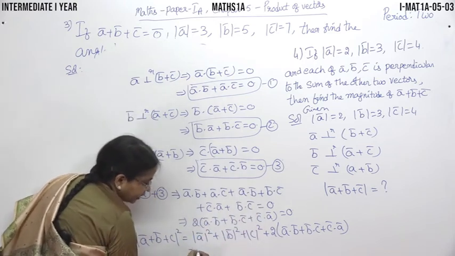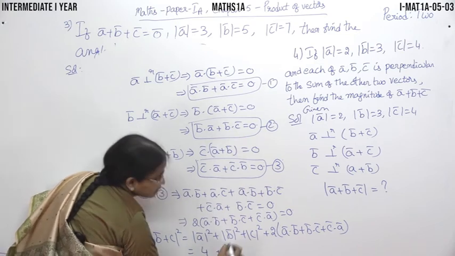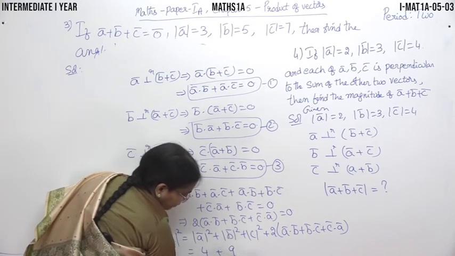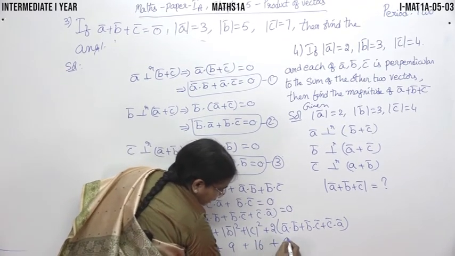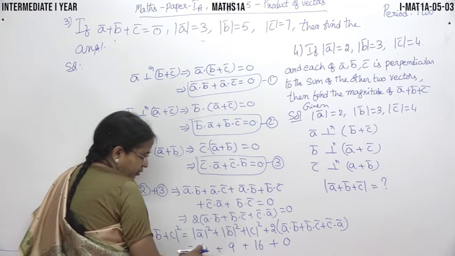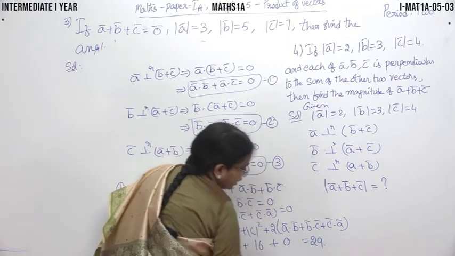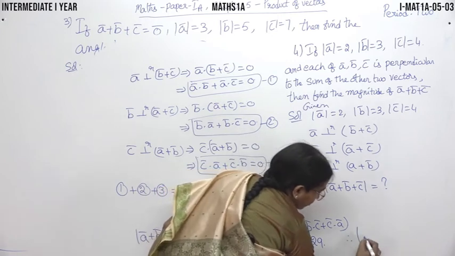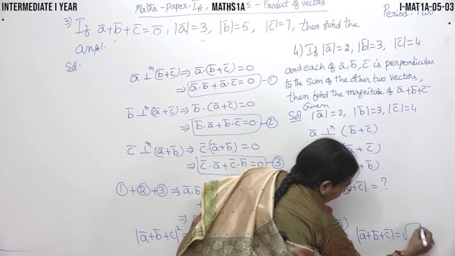So you will write mod A square means 4, mod B square means 9, and mod C square is 16. And all this is 0. So you will get 29. Therefore, mod of A plus B plus C is equal to root of 29.